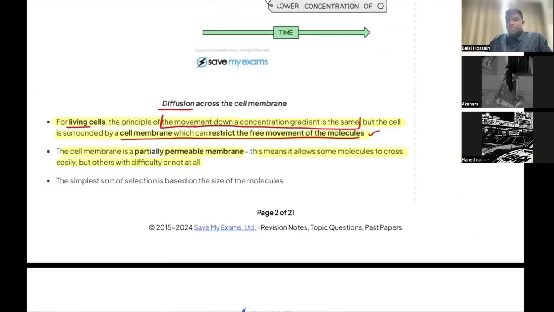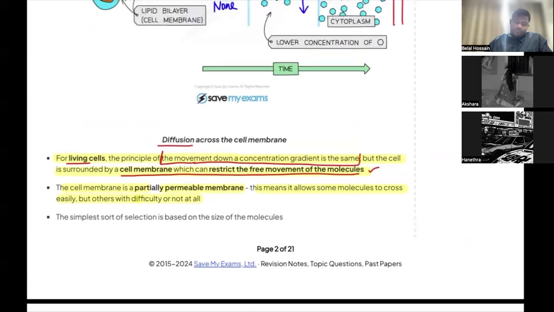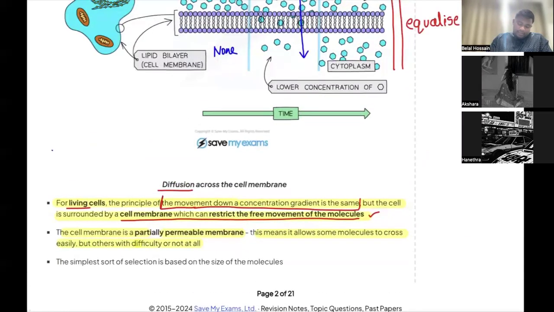Question: is it possible that some molecules that are not good for the cell can be kept from entering? Okay, that's a good question. So let's call this a cell membrane. What substances can come through? The substances that can pass through would be non-polar.